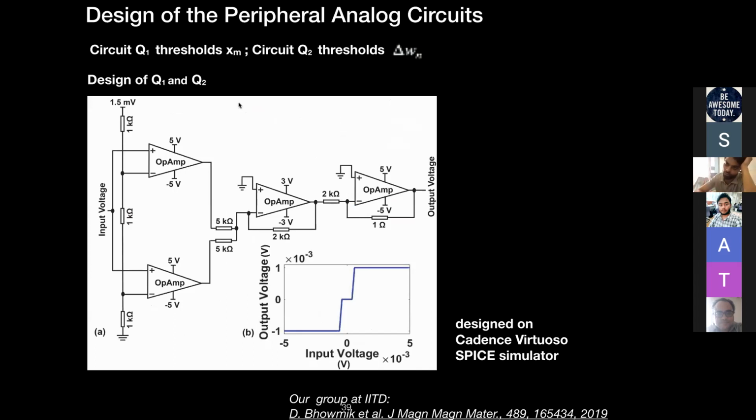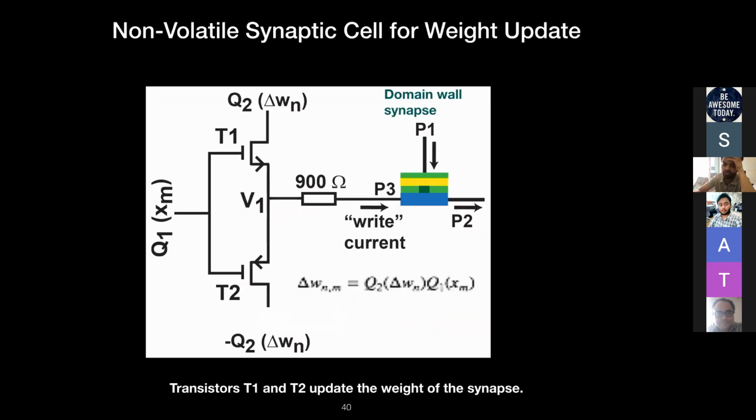If you want to do it with those devices, then I need a very complicated multiplier with the synapse device. To avoid that, we try to do some thresholding, and we use some transistors so that we can do that multiplication with just 2 transistors.